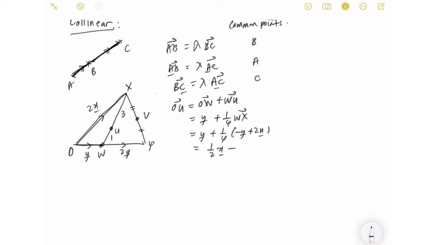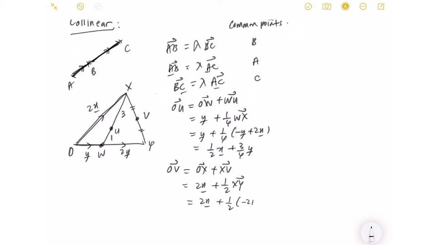Okay, when you put it together, you will get 1/2X plus 3/4Y. Okay, how about OV? OV, we can use O to X, X to V. Now, O to X is 2X, XV is half of XY.